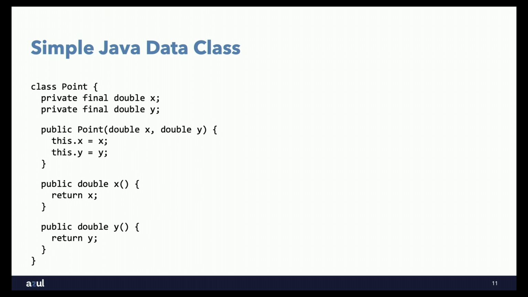We have two values, double x, double y, but in order to do that, we need to provide references to the instance variables. We need a constructor, which takes two variables, x and y. We then need to assign the values of those to the instance variables, plus we need accessor methods that will return the value of x and return the value of y. 14 lines of code just to create a tuple.